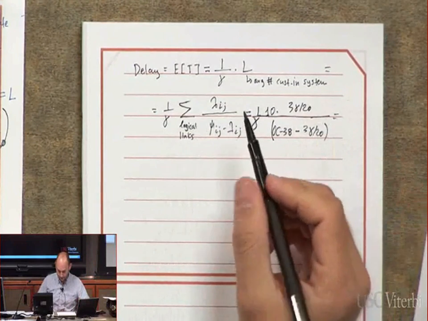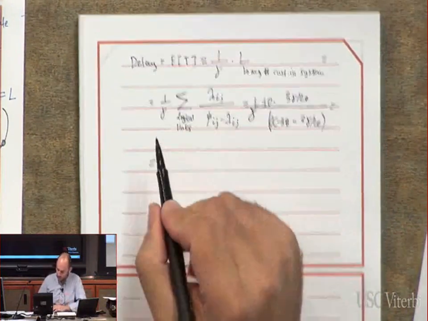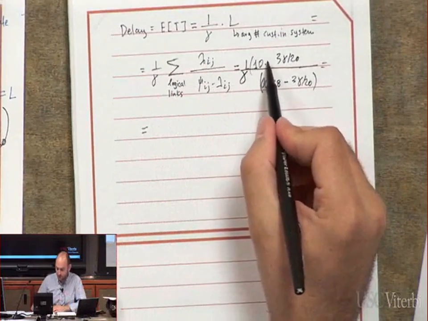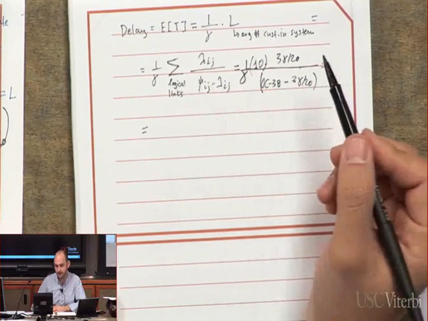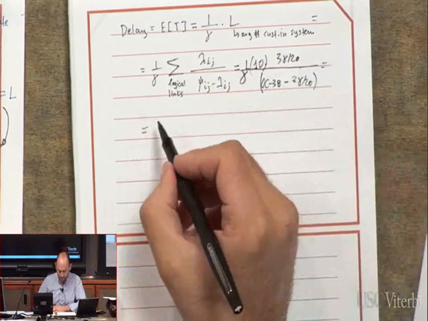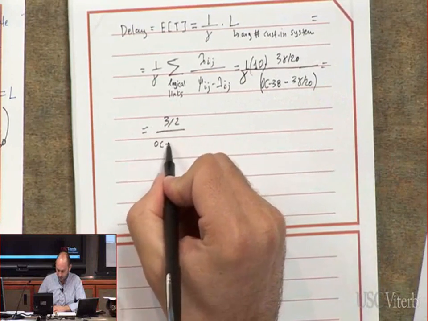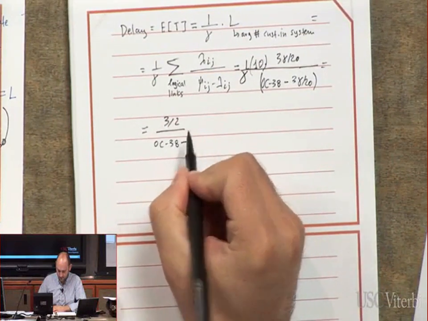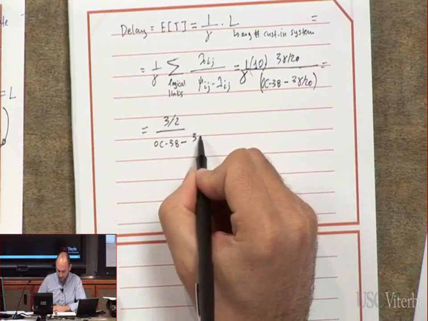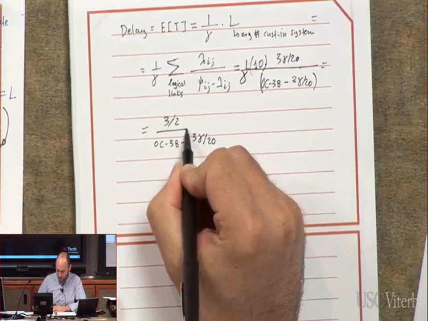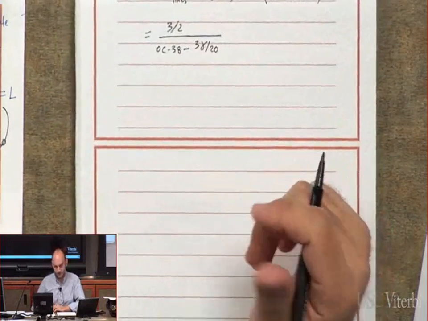And this gives, why do we have 10? Because of symmetry, right? Because all those terms over logical links are the same. So this will be 3 over 2 over OC-38 minus, we eliminate gamma basically from the numerator, and we have gamma in the denominator. So that's, you agree?